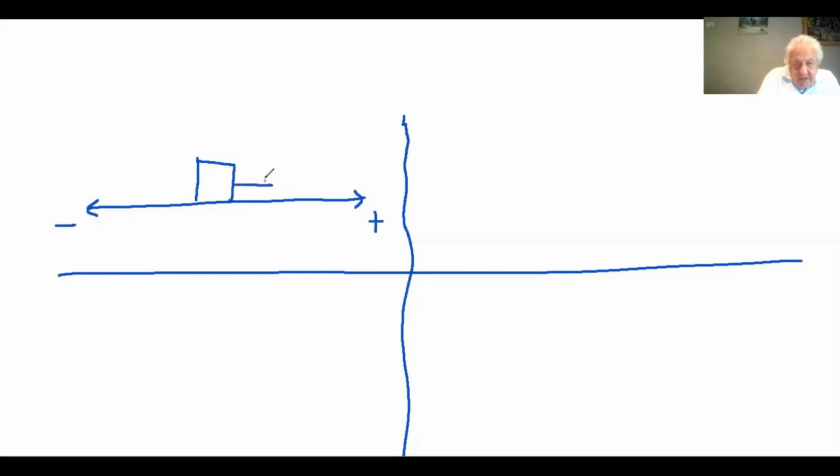Now, if my velocity is in the positive direction, and my acceleration is in the positive direction, then this is going to increase the velocity. So this is an acceleration.